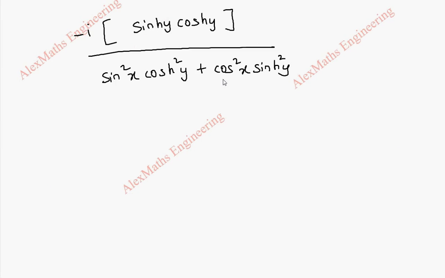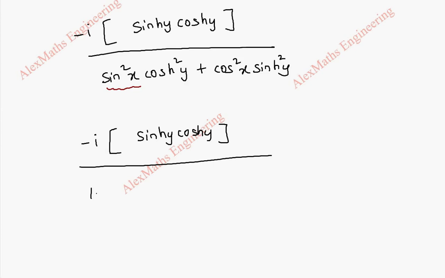Now further we can change this sin square as 1 minus cos square. So minus i into sinh y cosh y whole division 1 minus cos square x, and the rest of the terms are written as it is, cosh square y plus cos square x sinh square y.